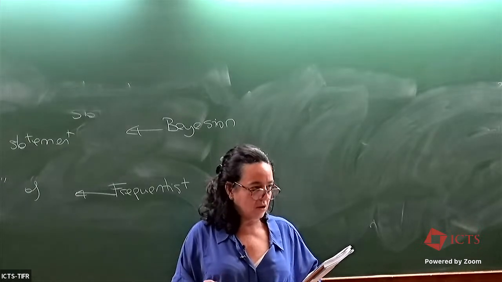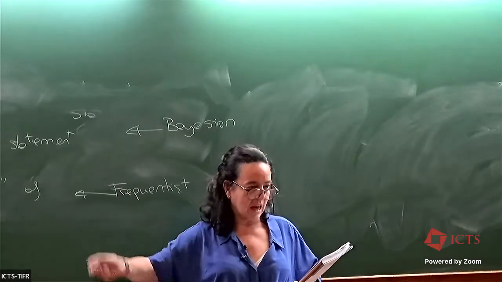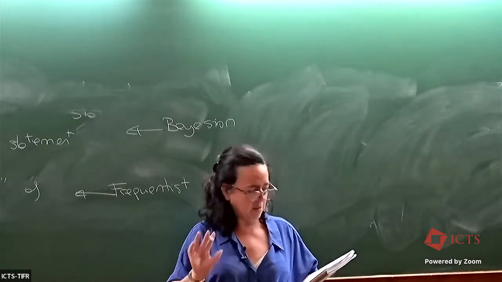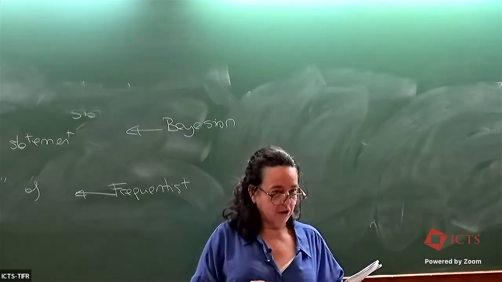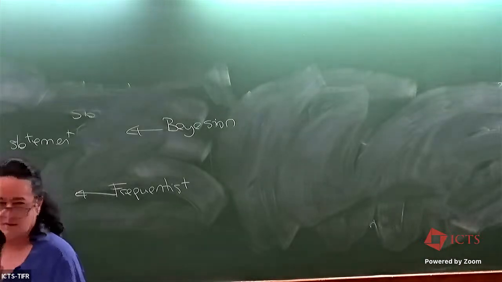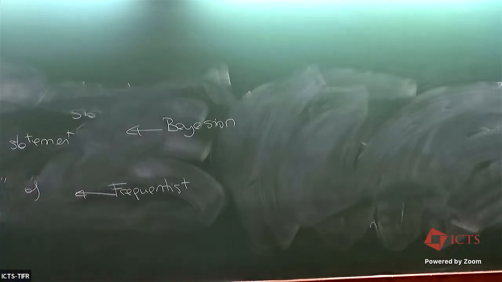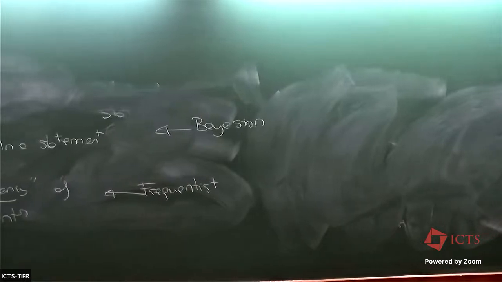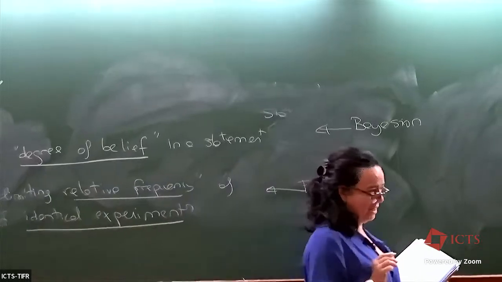I put on the hat of Bayesian, and the next day I might put on my hat of frequentist. I'm more frequentist, but both have issues, because the definition of degree of belief is hard to understand, and this limiting relative frequency of identical experiments is also interesting.